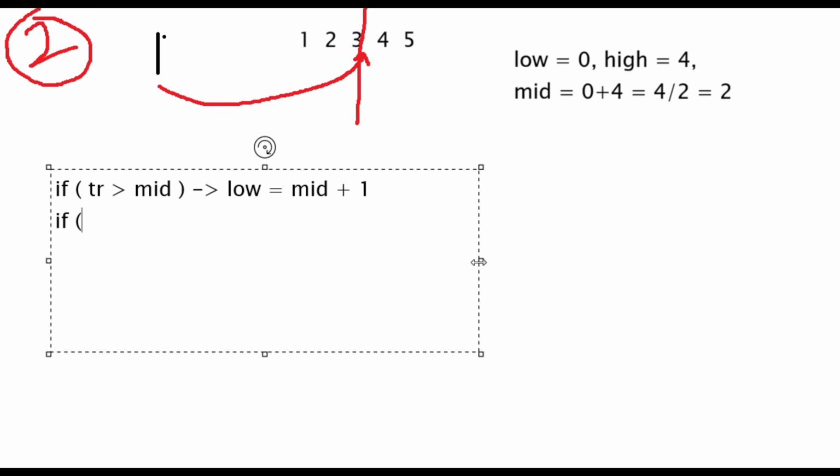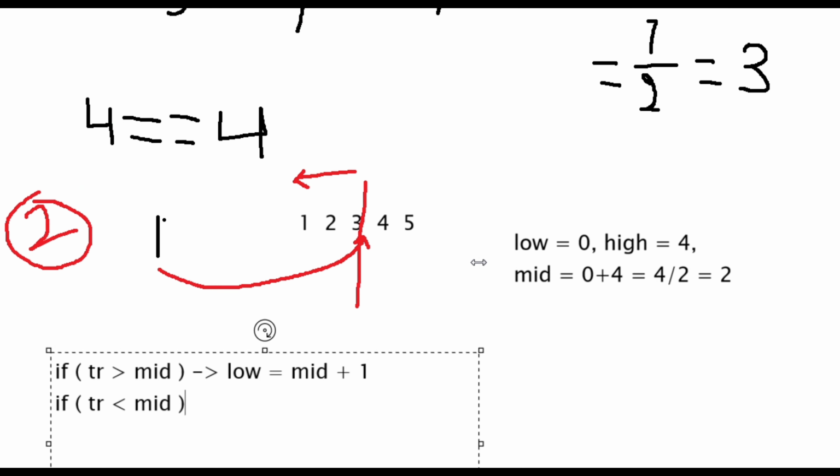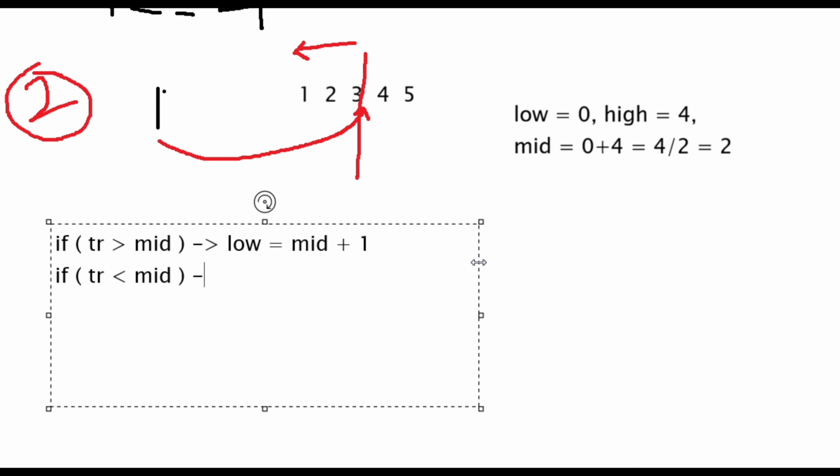And another thing, if my tr, that is target, is less than mid, that is the case we are searching for this 1, we are going to decrease high, high equals mid minus 1. If our tr matches with mid, no, that is going to be the end.